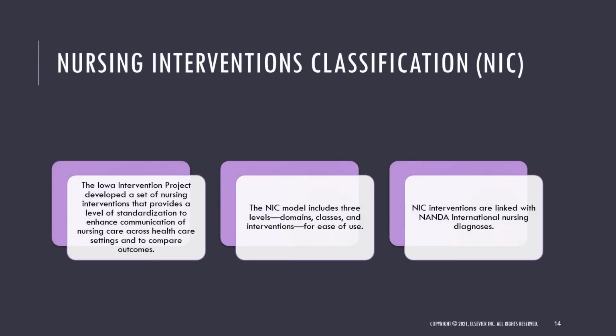Nursing interventions classification. The Iowa Intervention Project developed a set of nursing interventions that provide a level of standardization to enhance communication of nursing care across healthcare settings and to compare outcomes. The NIC model includes 3 levels: domains, classes, and interventions for ease of use. NIC interventions are linked with the NANDA International Nursing Diagnoses.